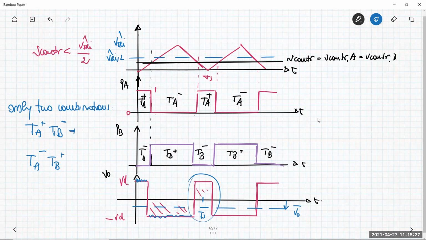The first one leads to V naught equal to Vd. The second one leads to V naught equal to negative Vd. So we have just two combinations, A and B.